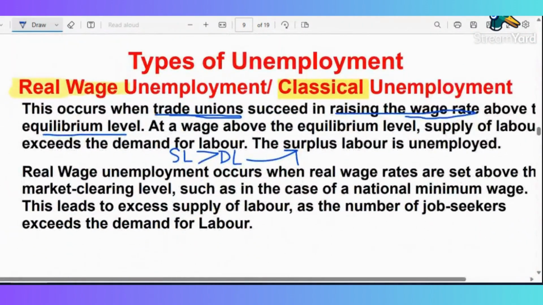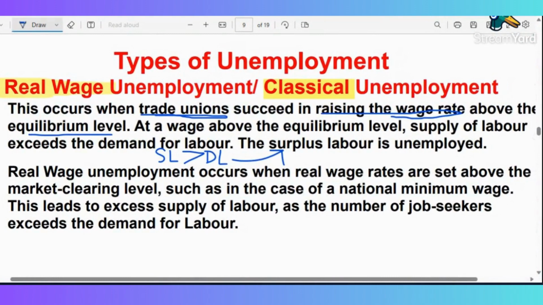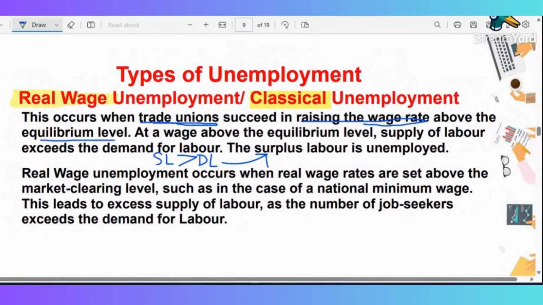So, 100 labor is being supplied, but how many laborers are being demanded? Let's say 30 laborers are being demanded. How much would you have left? 70, right? Those 70 laborers that we do not need will become the excess, which will be the surplus. Now, that surplus will become the unemployed.